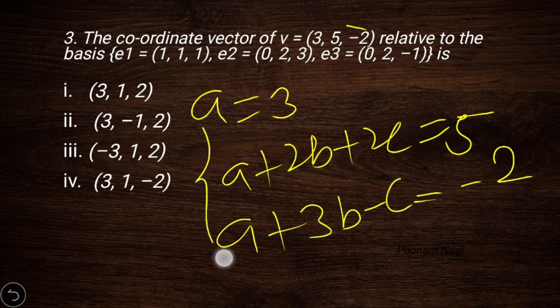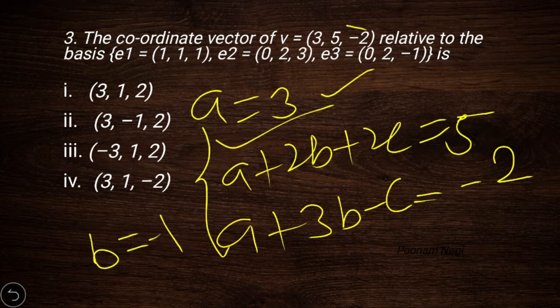When we solve these equations, you will have a equals 3, b equals minus 1 and c equals 2. So the correct answer is option number 2.